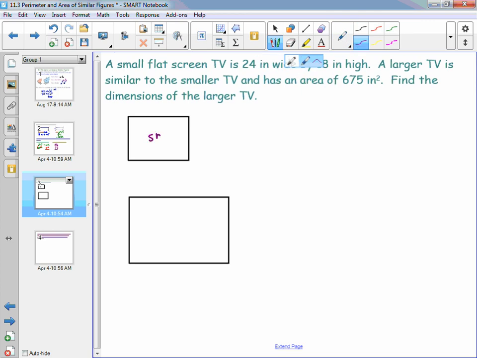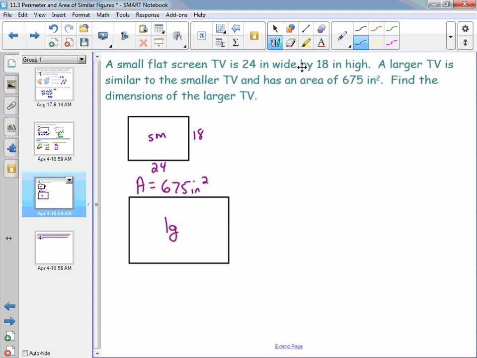So we have here the small and the large, and it says it is 18 by 24. And it says the larger TV is similar and has an area of 675 square inches. Find the dimensions of the larger TV.